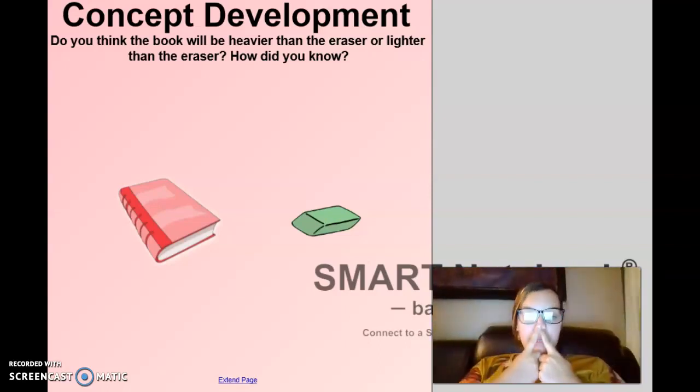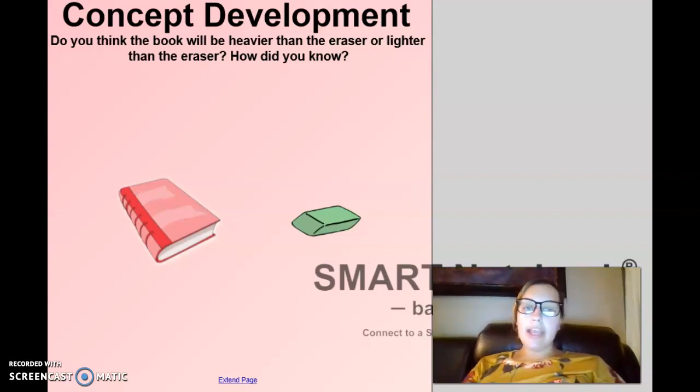If you think it's lighter, put your hand on your nose. The book is heavier than the eraser. We can't even judge the size of it, but if you think about how light an eraser is, if you hold that in your hand, you're going to feel really quickly that the eraser is lighter than your book.